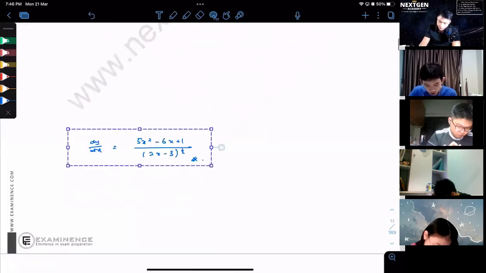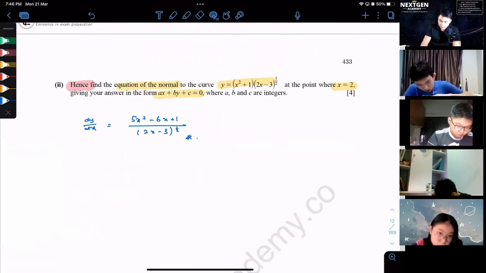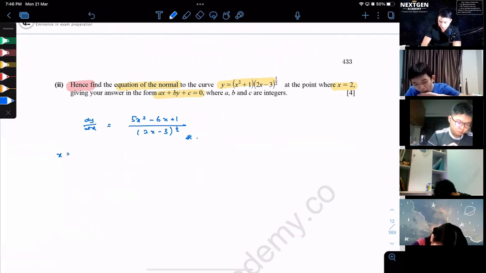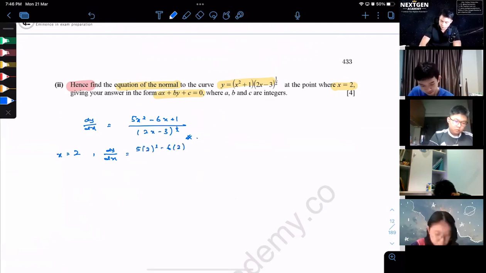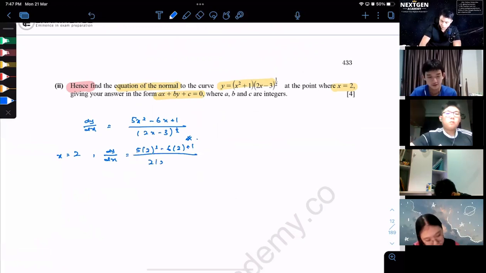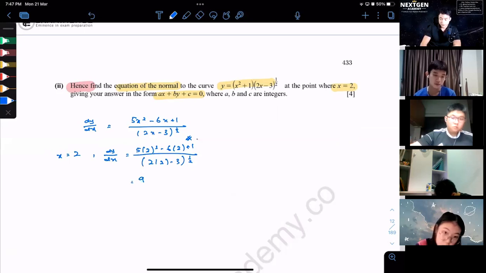We know that dy over dx is equal to 5x squared minus 6x plus 1 over 2x minus 3 to the power of half. We also know x is equal to 2, so let's find the dy dx when x equals 2. Just sub it in: 5 times 2 squared minus 6 times 2 plus 1 over 2 times 2 minus 3 to the power of half. All of you should get 9.